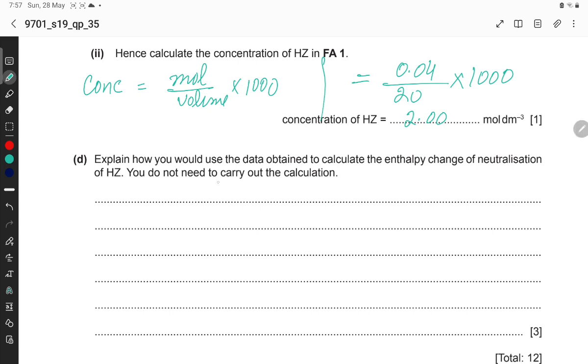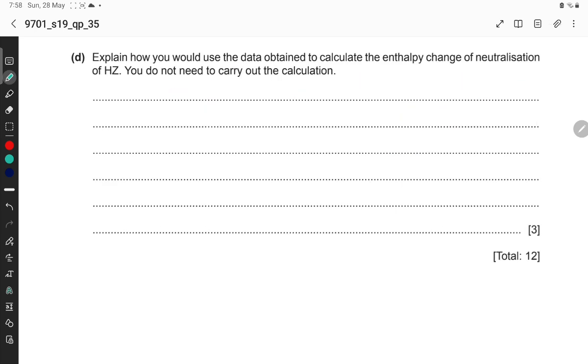Explain how you would use the data obtained to calculate the enthalpy change of neutralization. You do not need to carry out the calculations.